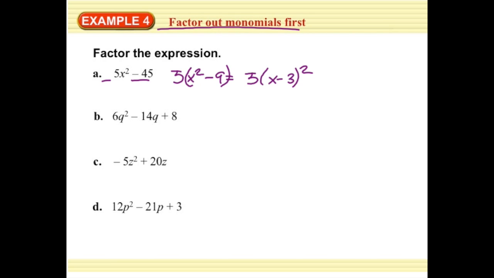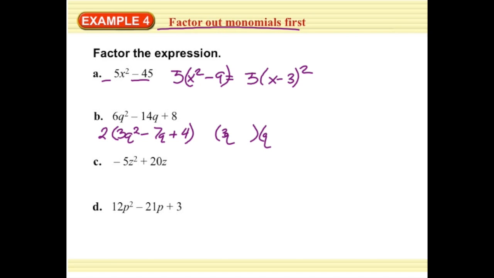I can do the same thing for letter B. I can take out a 2. So 2 times 3q squared minus 7q plus 4. And that number should be much easier to factor. So looking at just the piece in the parentheses, I know I'm going to need a 3q and a q.